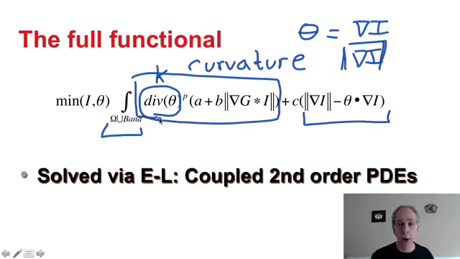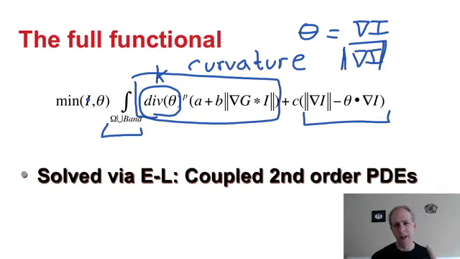Now, how do we solve this? Euler-Lagrange equations. But now we have two unknowns, theta and the image. It's exactly the same. You compute the Euler-Lagrange for I keeping theta constant, that gives you one equation, and then you keep theta constant and compute the Euler-Lagrange for I, that gives you the second equation.